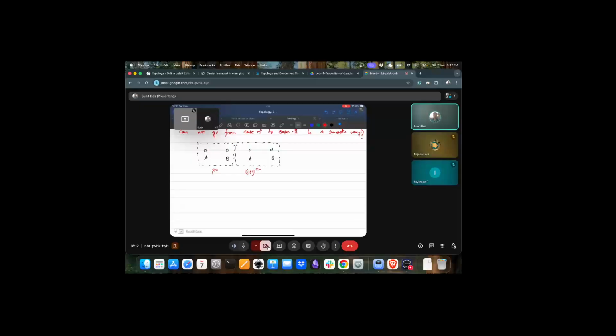If we talk in terms of mathematics, earlier in case one we had this to be minus t, and in case two it was this one to be minus t.